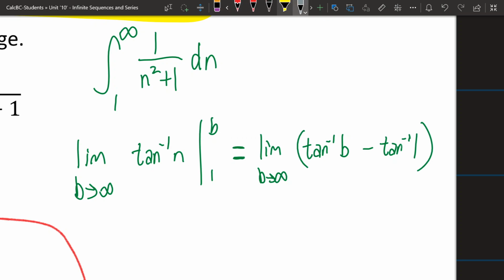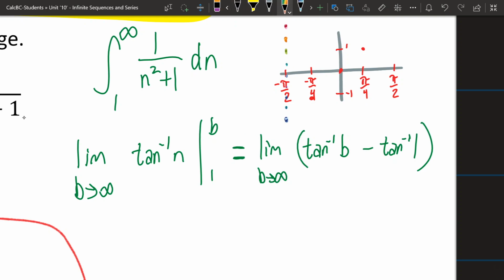All right, I like to look at my tangent graph. Okay, on our tangent graph, we've got asymptotes at pi over 2 and negative pi over 2.